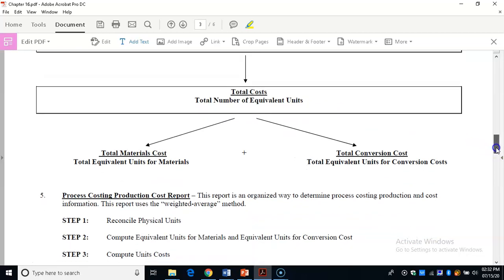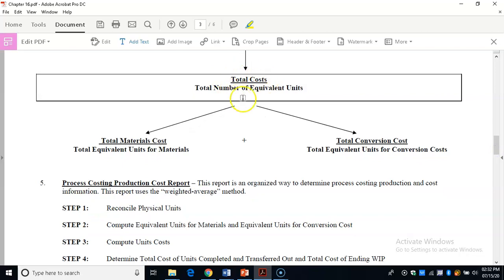And then what I do is I split this into 2 things. So here, I take total material cost. In other words, I only take the cost that I have for materials, and then I divide by equivalent units for materials. In other words, if I only think about materials, how many units could I make only with the materials that I have?